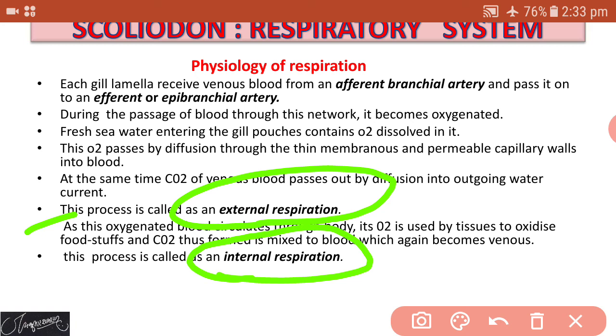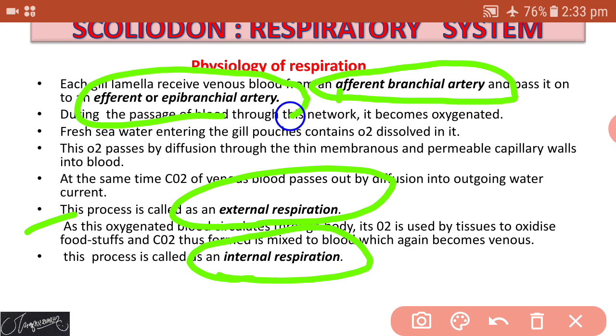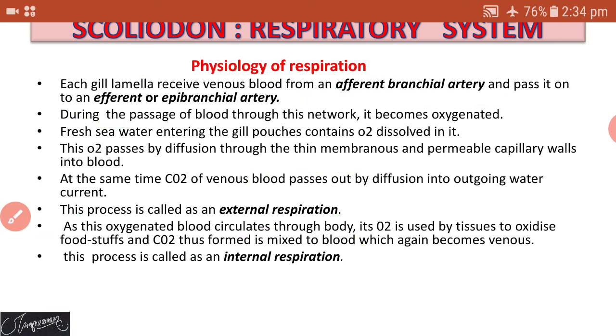With the help of the afferent branchial artery, the impure blood comes into the gill region, and with the help of the efferent branchial artery, the oxygenated blood is taken by different blood vessels and supplied to the various parts of the body. So this is all about the respiratory organs and physiology of respiration of Scoliodon. Thank you for watching this video.